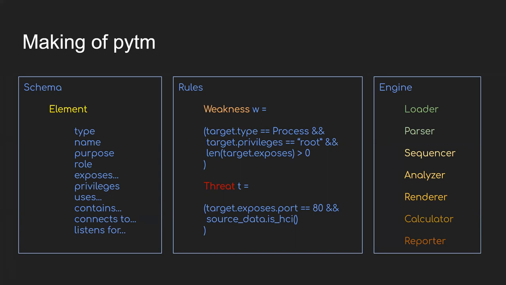And you may also want to have a calculator to be able to do, say, severity scoring or risk scoring. These are some features that tools like pytm have. There are other tools out there, but if you're going to build a system, these are what you need. pytm doesn't have all of these, but it is evolving.